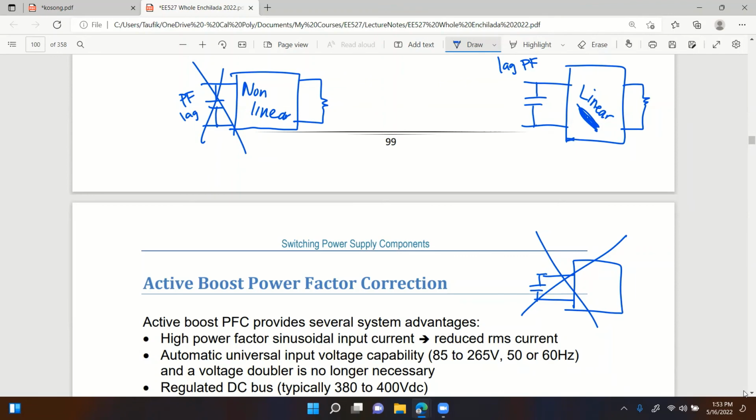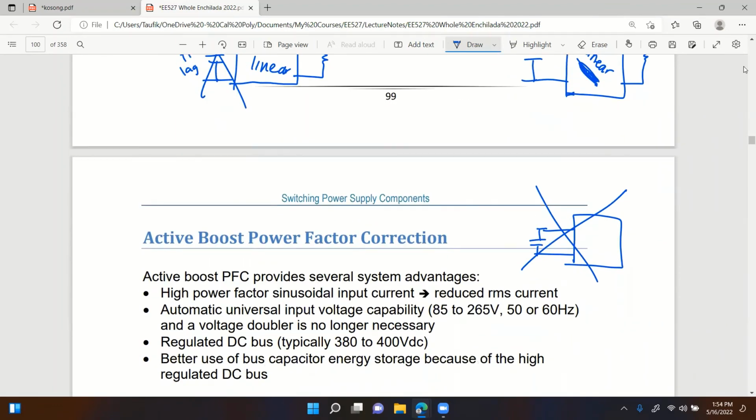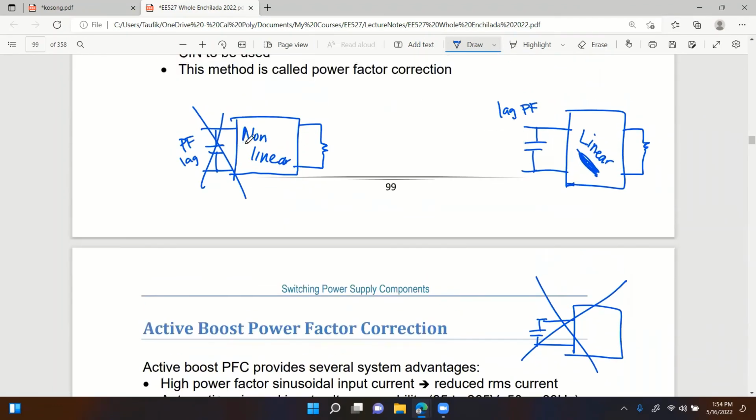What's interesting is that the switching circuit causes the power factor problem. So now it comes full circle, because the way we fix the power factor from a switching circuit is by using another switching circuit. Instead of a capacitor, we put another switching circuit.